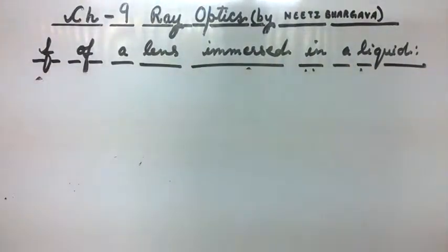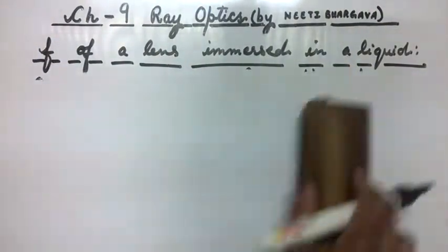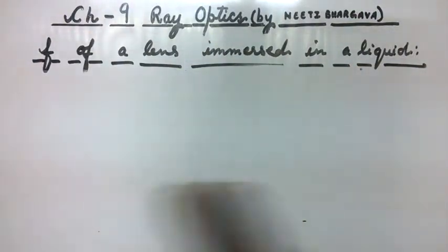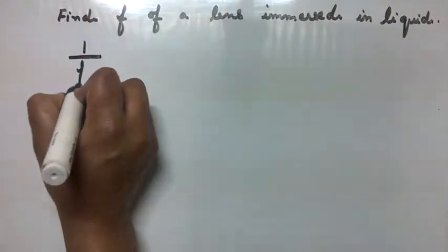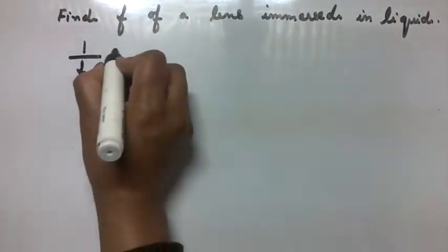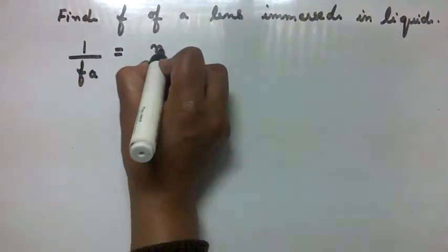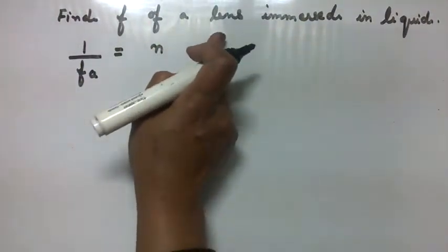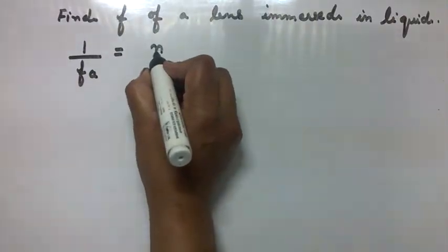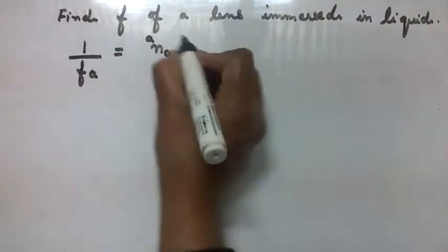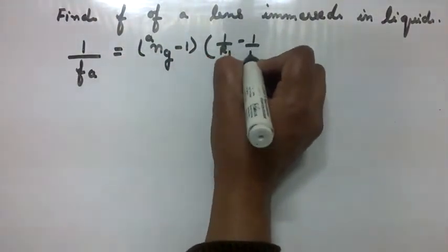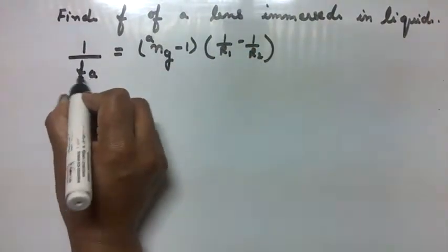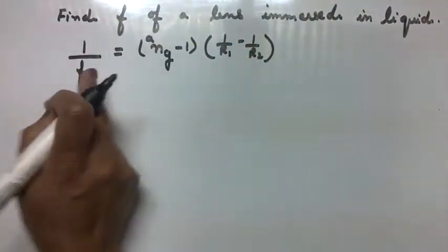The focal length of a lens is given by the lens maker's formula, and if the lens is in air, then 1 upon the focal length of the lens in air is equal to the refractive index of the lens. The lens is made of glass, so we can directly write the refractive index of glass with respect to air minus 1, into the lens maker's formula, 1 upon R1 minus 1 upon R2. Here Fa is the focal length of the lens in air.